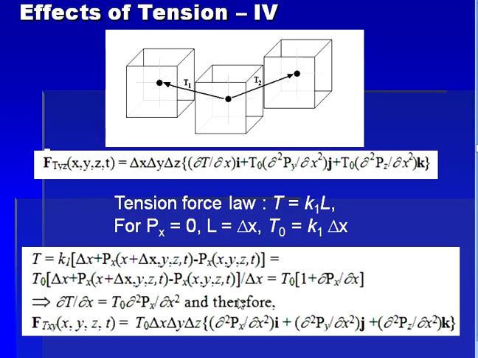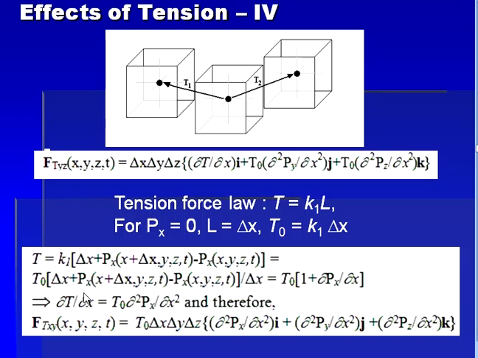This then says that if we now take the partial of T with respect to x, the partial of 1, the constant, with respect to x is 0, and we get T0 times the second derivative of P sub x with respect to x.